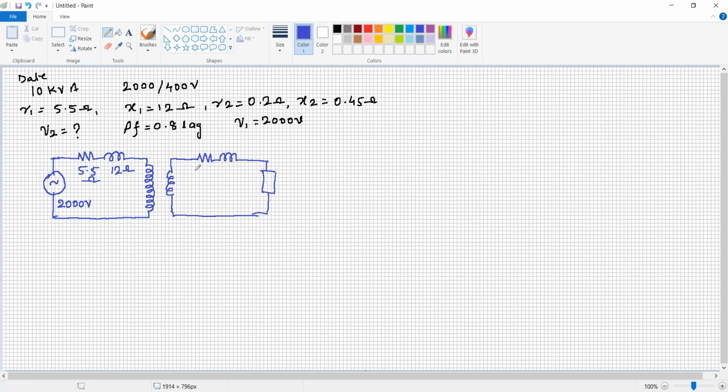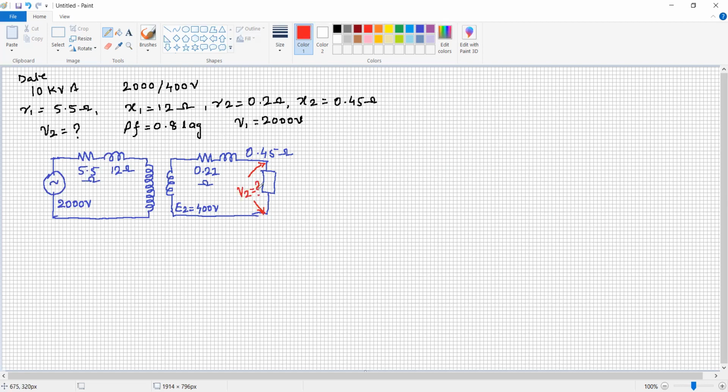Secondary resistance is 0.2 ohm and reactance is 0.45 ohm, whereas the secondary voltage E2 under no load condition is 400 volt. We are asked to determine the value of the secondary voltage.